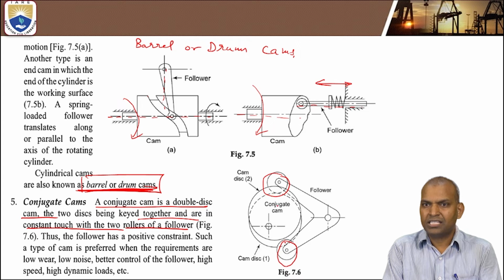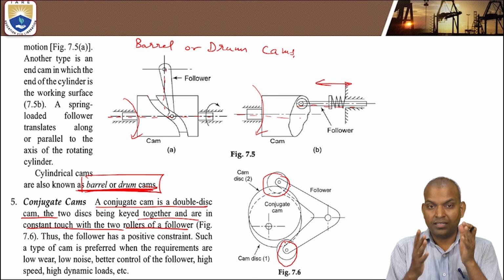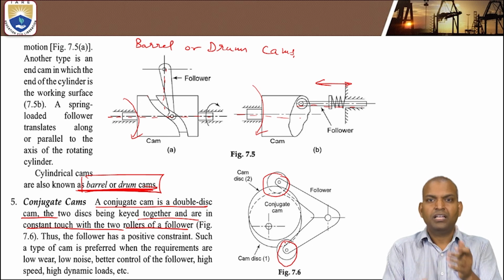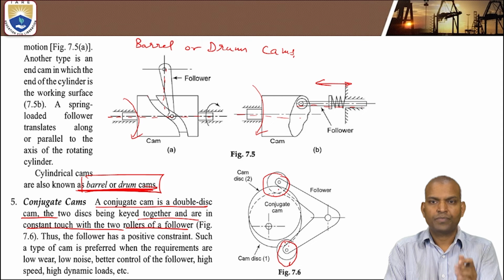One roller is in contact with one disc and the other roller with the other disc. These two rollers are not in contact with the same disc. That's why you can transfer the motion simultaneously, like an oscillatory motion.